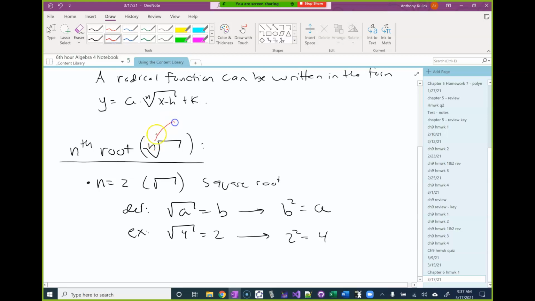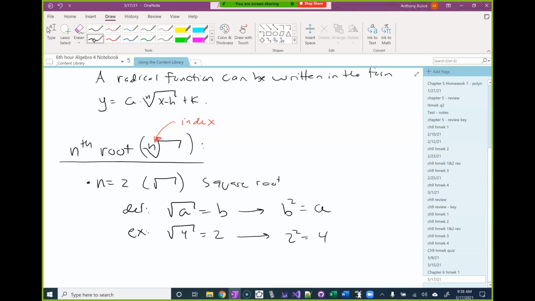Now, this value for n that we've tucked in here is called the index. I should mention that, as I'll end up saying it at some point, and you guys will look at me like, what the heck is an index? It's just that number inside the check mark part of our radical. And you notice on a square root that we don't bother to write the 2 there. We do this kind of thing all the time in math.